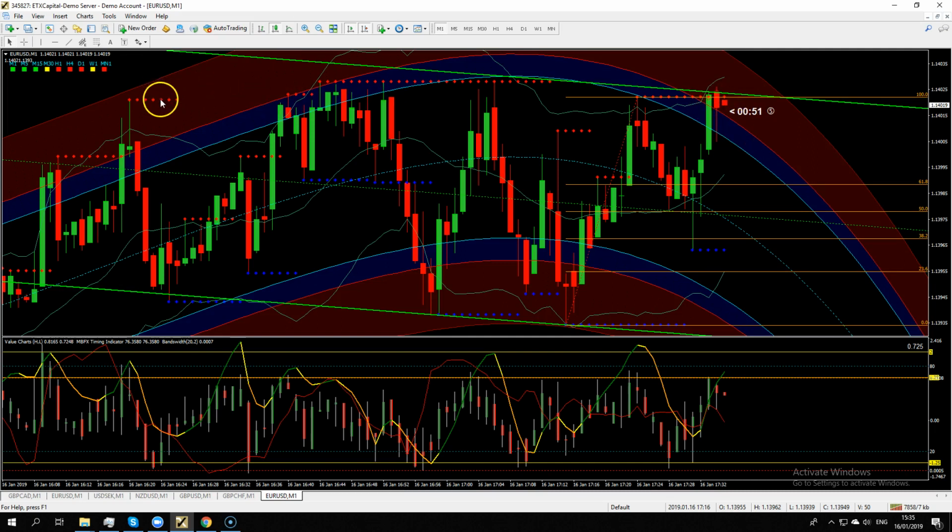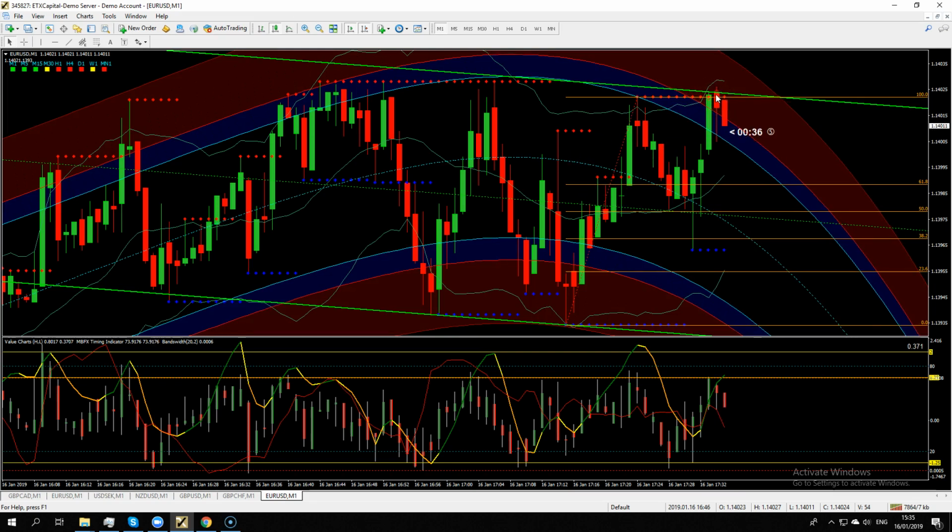Over the last couple of hours it's been finding resistance between these two areas pretty consistently. So when I see price coming up to these points, I'm fairly confident in taking a put, a trade for the price to go down in the next minute or two.